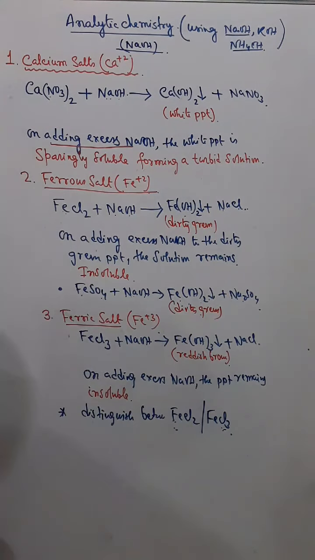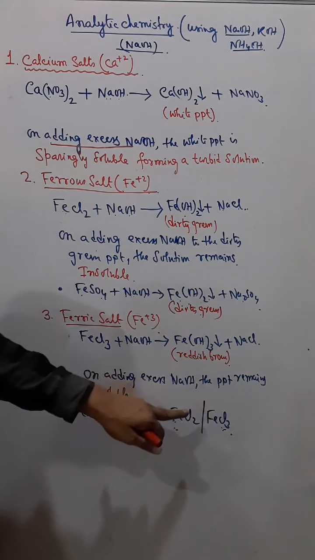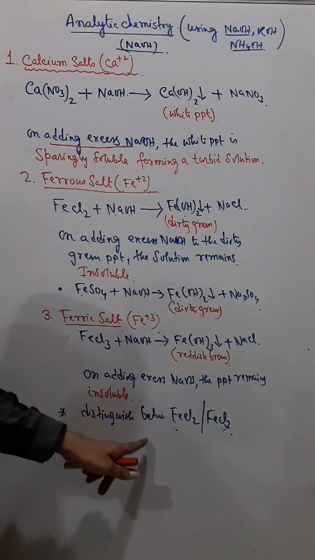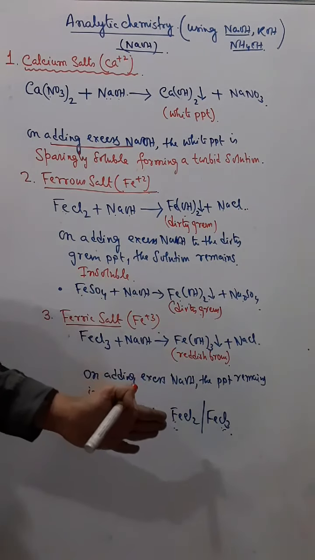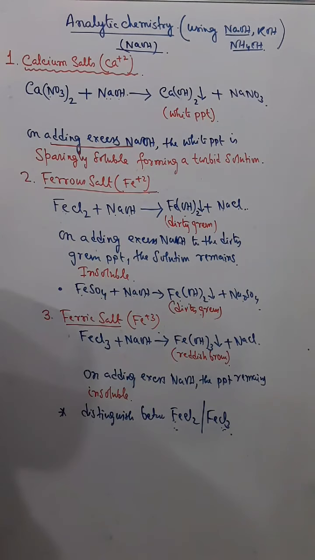We'll write that we'll add NaOH solution to both the salt solutions. On one we'll get a dirty green precipitate, and on the other we'll get a reddish brown precipitate. The one giving a dirty green precipitate is the ferrous salt, and the other giving a reddish brown precipitate is the ferric salt. So like this, the question can come.